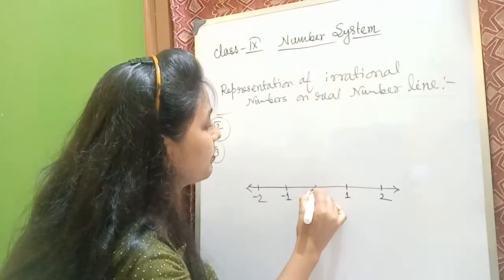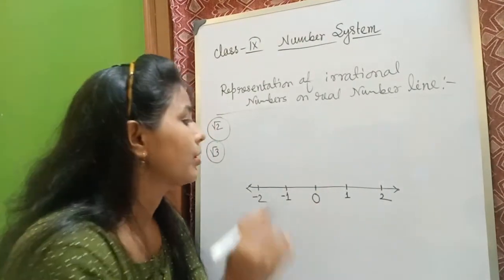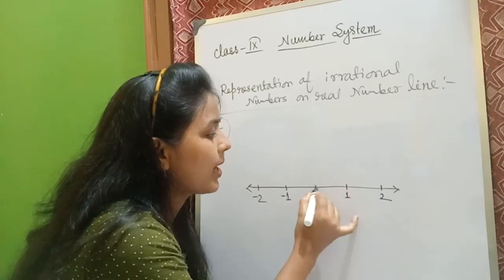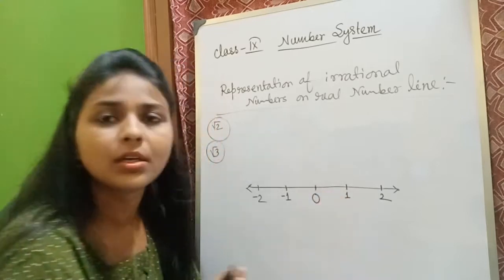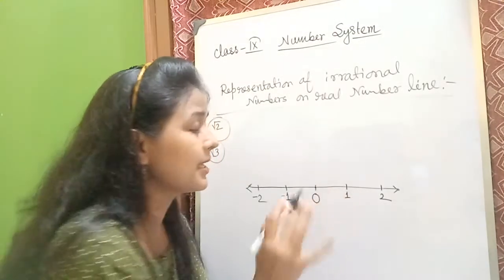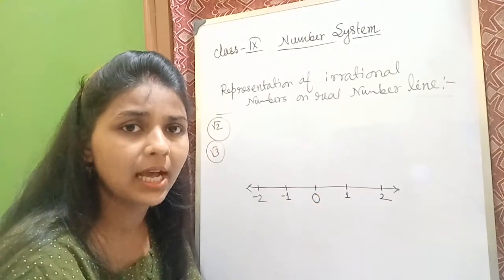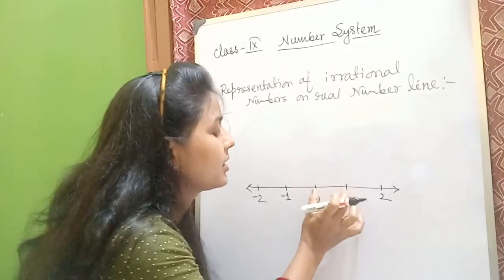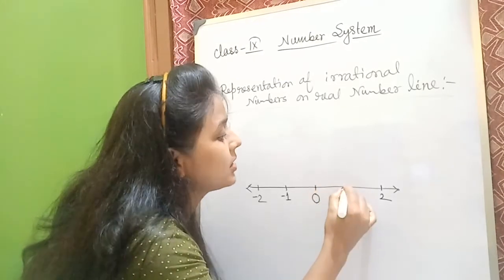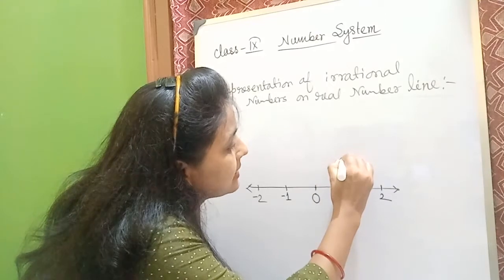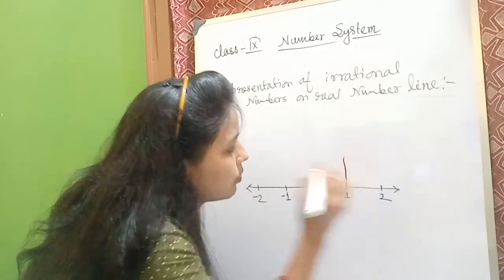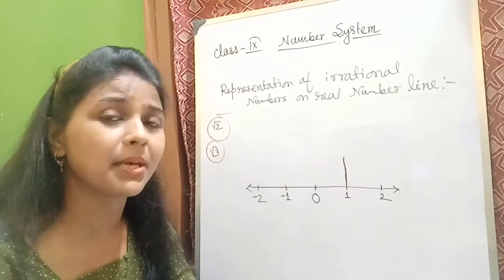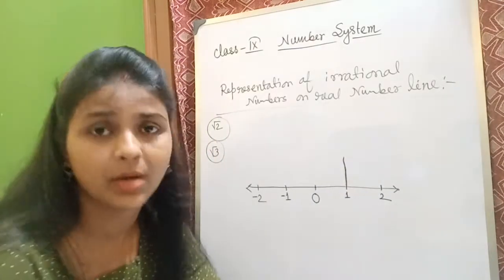So first, we will draw 1 unit. You can see this one, 0 to 1. So you know its measure when you are drawing it. I hope you can measure it. So suppose this is 1 unit. We will take the same measurement perpendicular on 1.